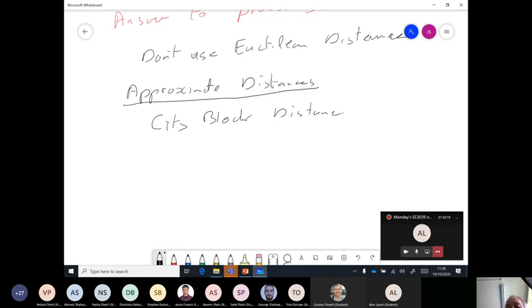If you're working in America, it's often called the Manhattan distance. That is the first distance. There is an alternative called the square distance.